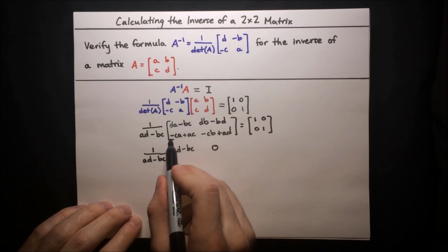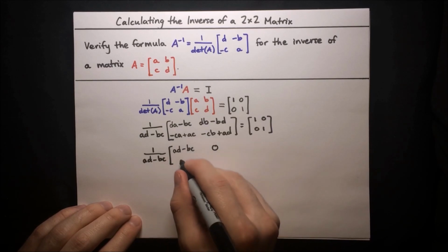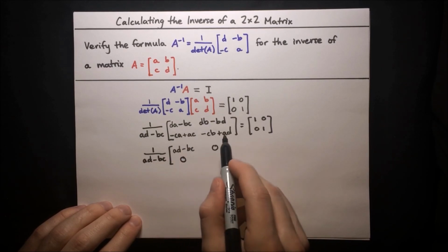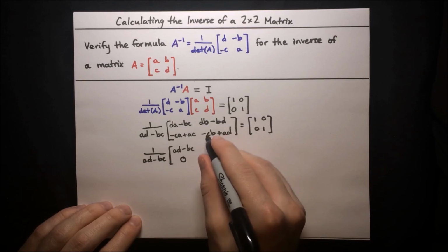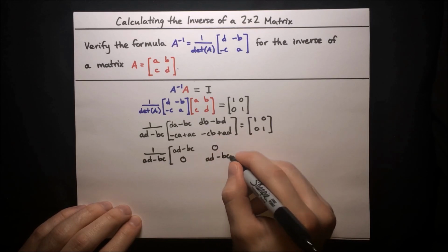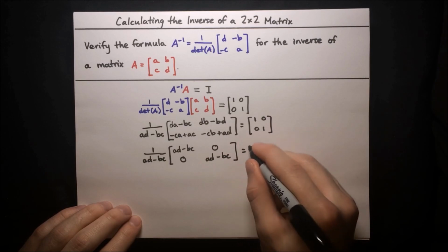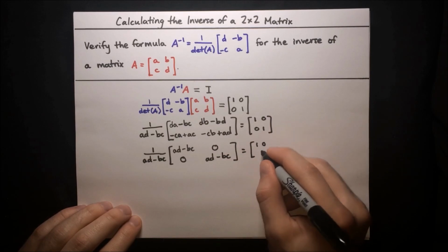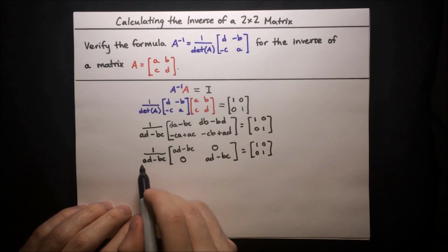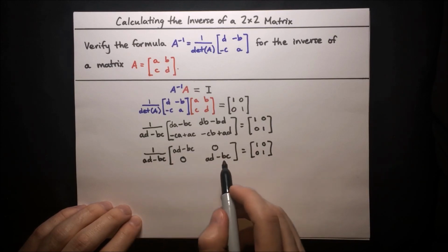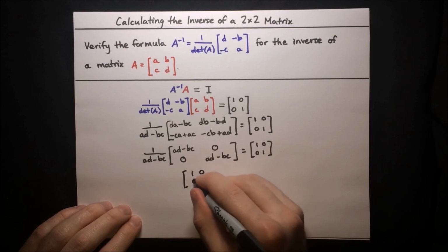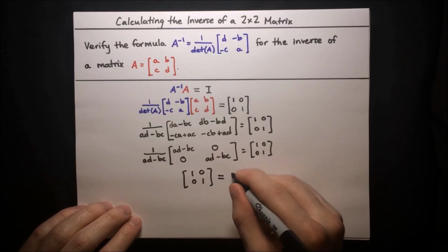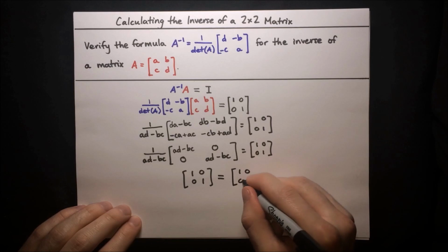This is just negative AC plus AC, which is 0. And then here we can write this as AD minus BC, just rearranging a bit. And we want to show that's equal to the identity. Well, we're dividing by AD minus BC, and both of these entries are AD minus BC. So yeah, it's just 1, 0, 0, 1. Awesome. There it is, the identity.